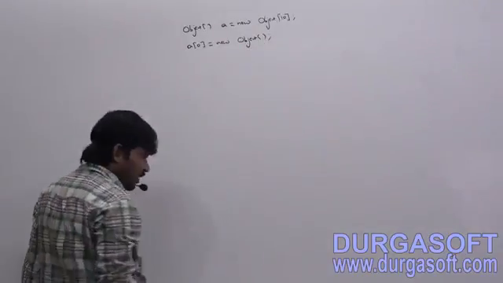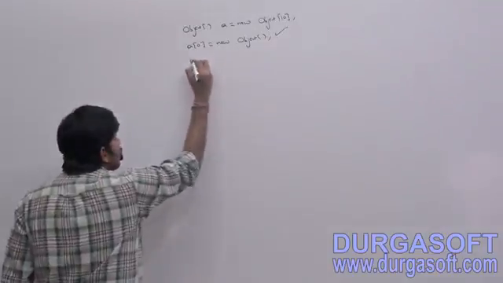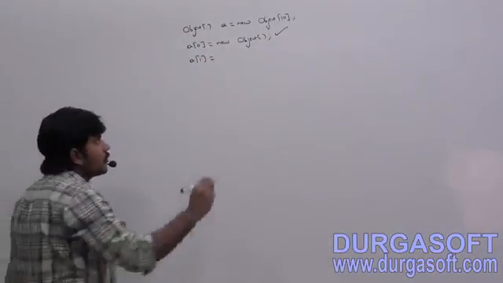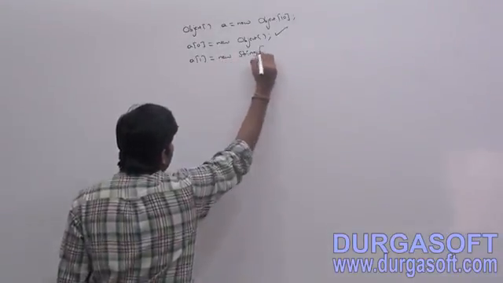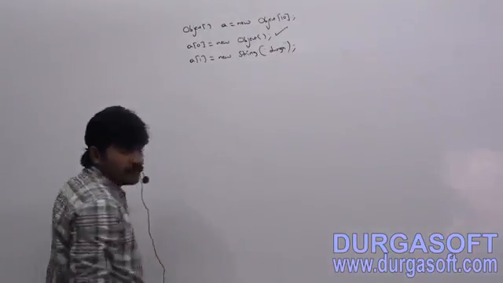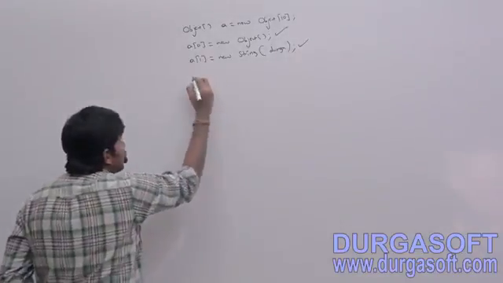Is it valid or not? Perfectly valid. A of 1 is equal to new String of Durga. Is it valid or not? Valid, no problem at all.